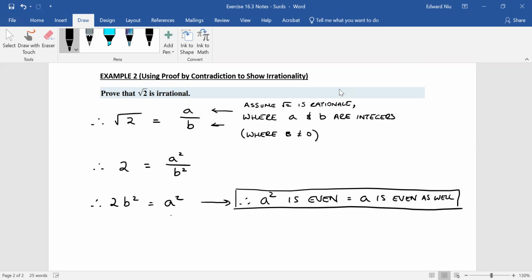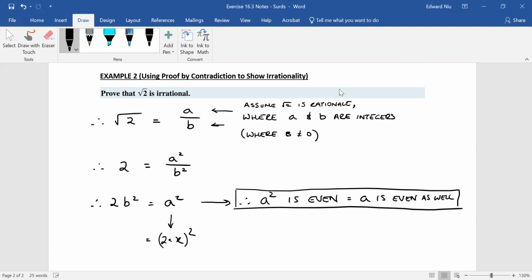So we can convert this and say, well, a could also be 2 times a mystery number, which we can call x.